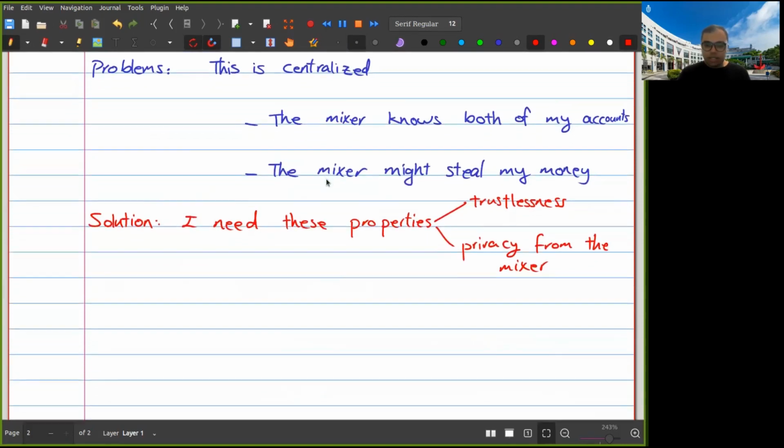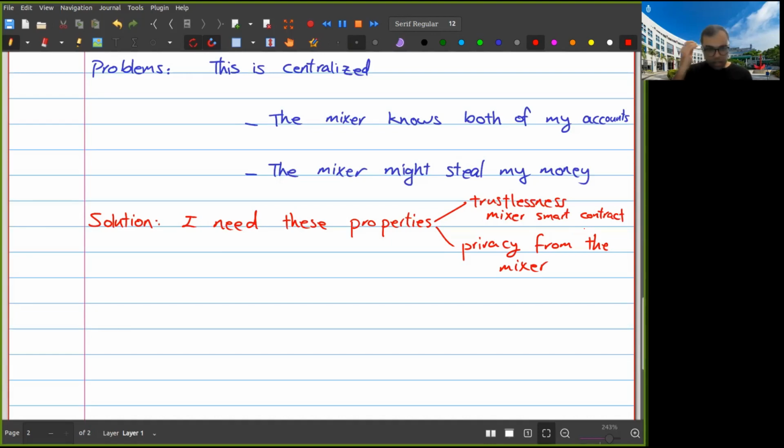So maybe instead of trustlessness, I want to just say that I want to have a mixer smart contract. And if my mixer is a smart contract, then privacy from the mixer doesn't have much meaning anymore. It's basically just privacy from everyone, because whatever is known to a smart contract is known to everyone on the blockchain.